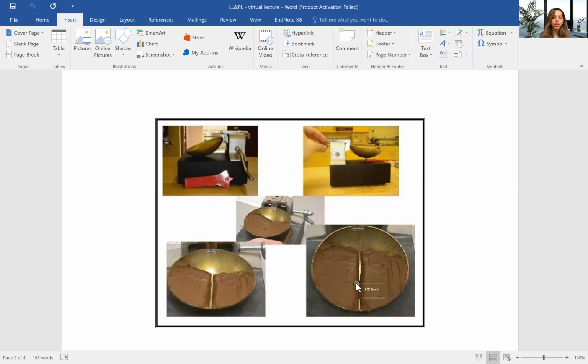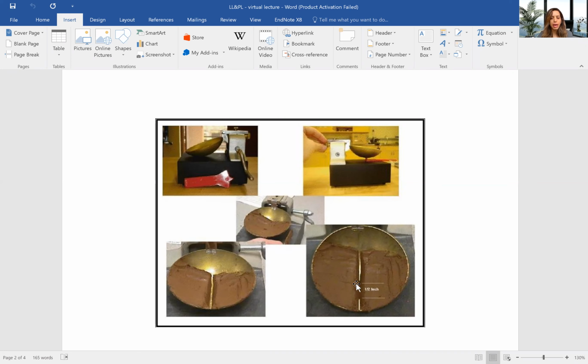Then you take the soil out of the cup, you clean the Casagrande cup, and then, based on the number that you got for the blow count, the number of cranks, you decide if you should add water to the soil or just let the soil stay to lose some water.